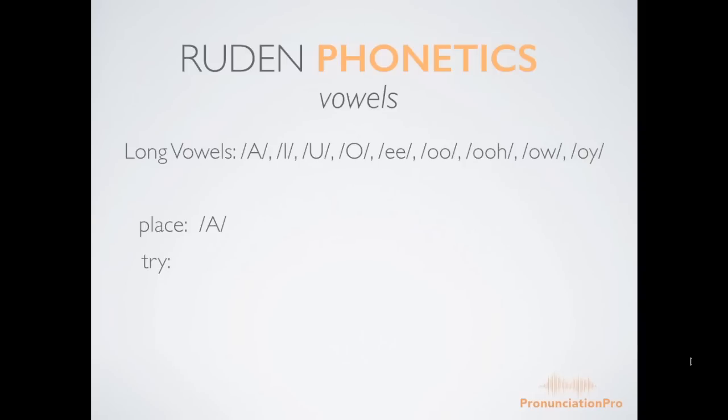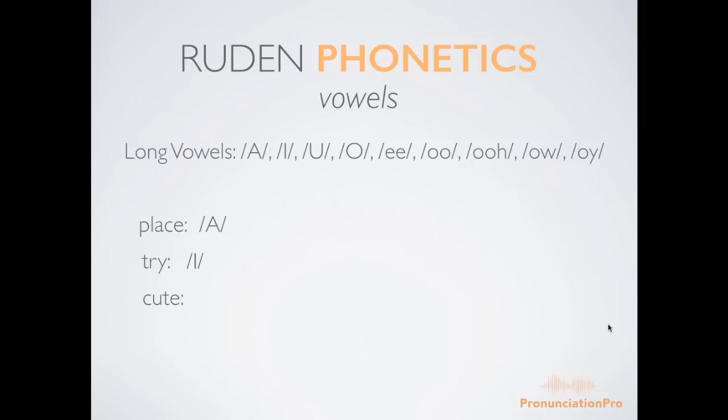All right, go ahead with this one. I'm going to say it, and you identify which vowel it is. Try. If you have the answer, go ahead and write it in the questions box. So this is the long I. Try, I. It's saying the name of its letter.